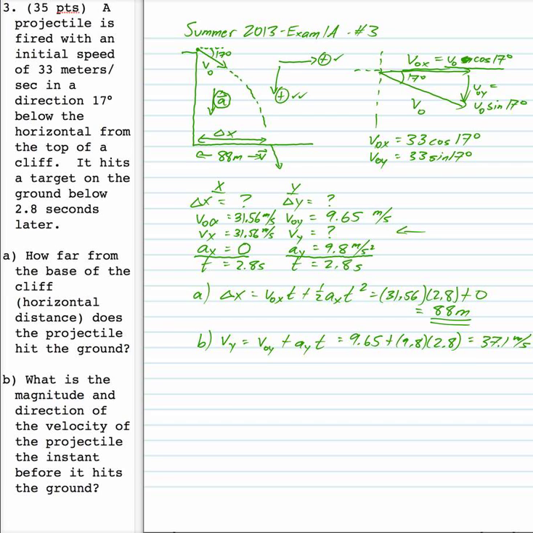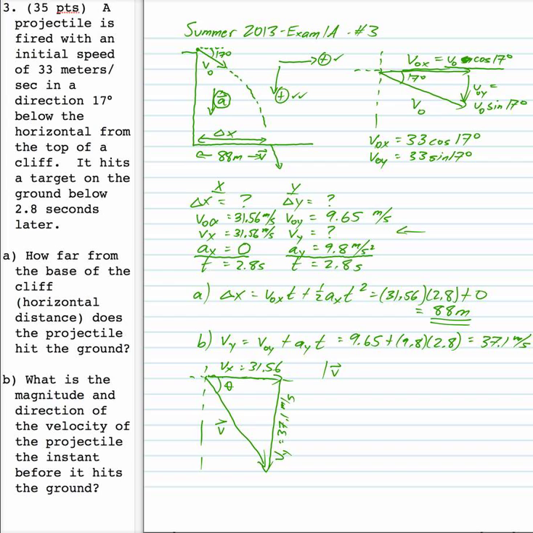Okay, so now I've got the components of my final velocity. I need to make a little triangle that tells me how to find V. So my triangle is going to have an x component Vx, which is 31.56, Vy, which is 37.1, and the resultant vector V that's going to make some angle theta below the positive x-axis.